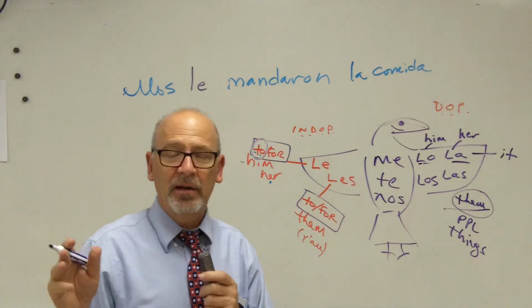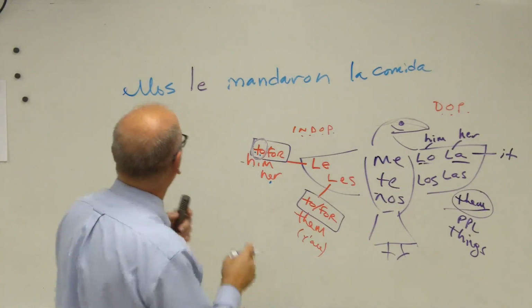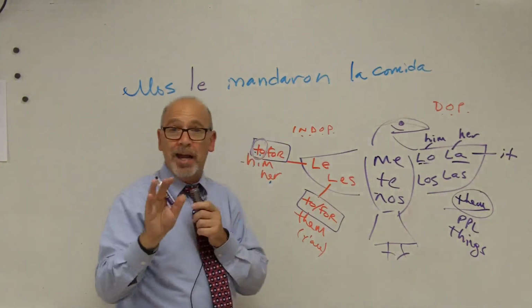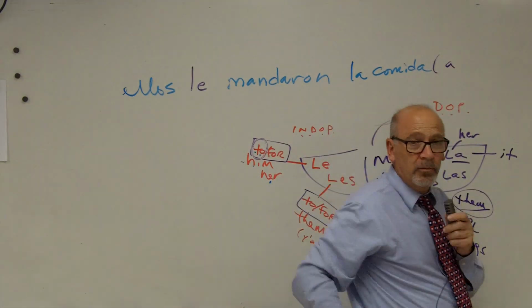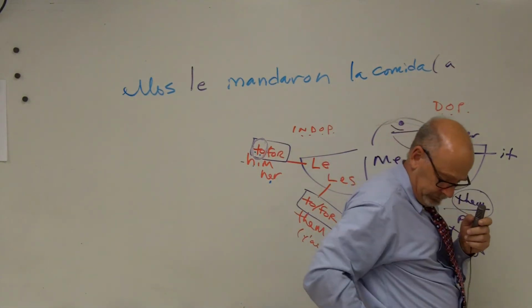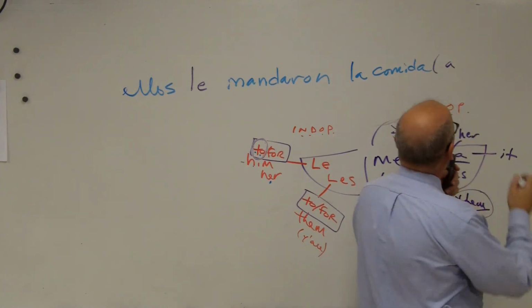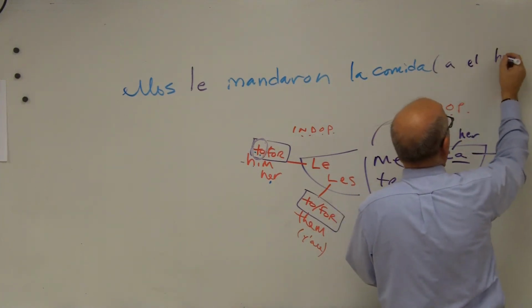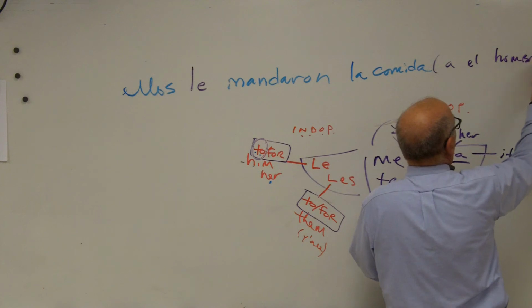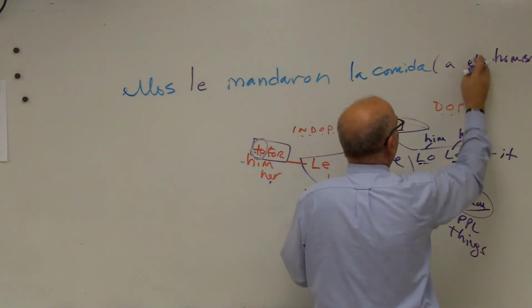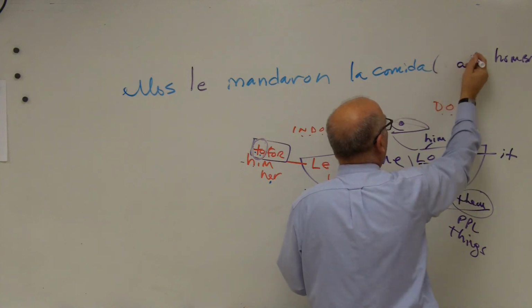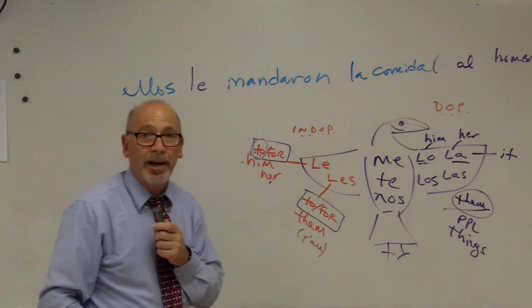If you want to make it more clear what this is, you may, as an option, put down to the man. El hombre. Now, these combine and they become al hombre. Don't worry about it too much.